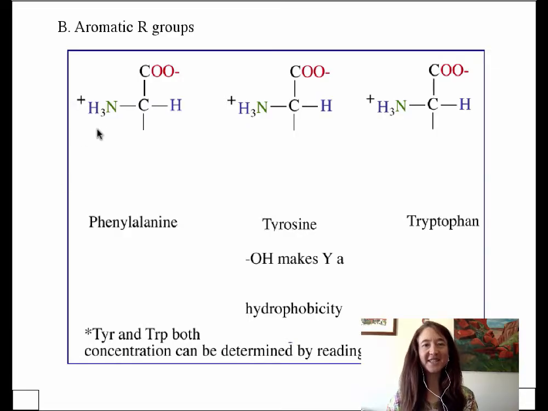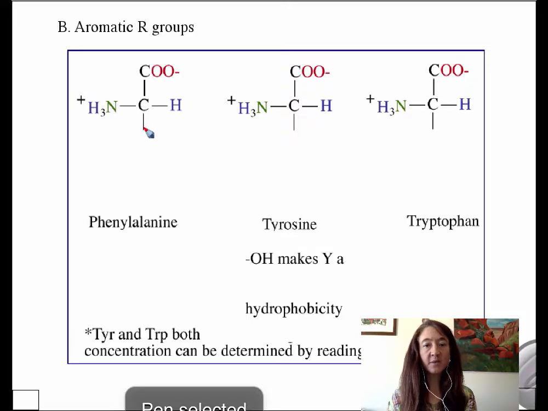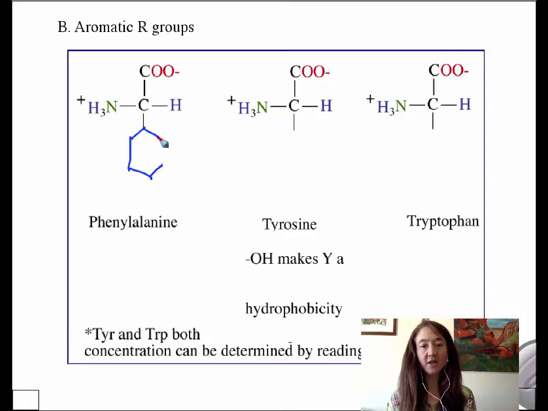As we turn our attention to the aromatic R groups, we'll begin with the simplest, phenylalanine. And in phenylalanine, the R group is quite simply a benzene ring. It will serve us well to recall our organic chemistry and the highly delocalized pi electron structure that we see within a benzene ring.